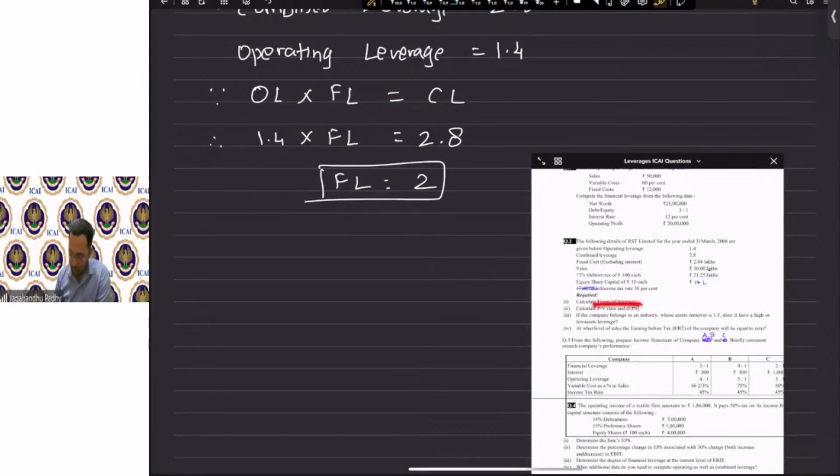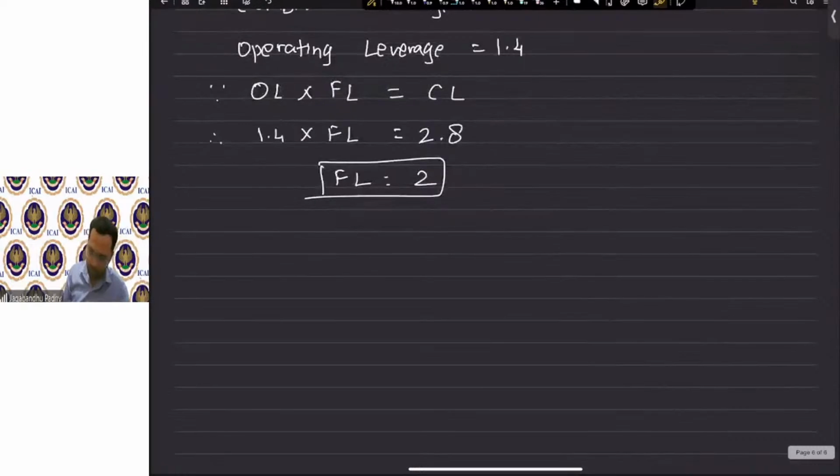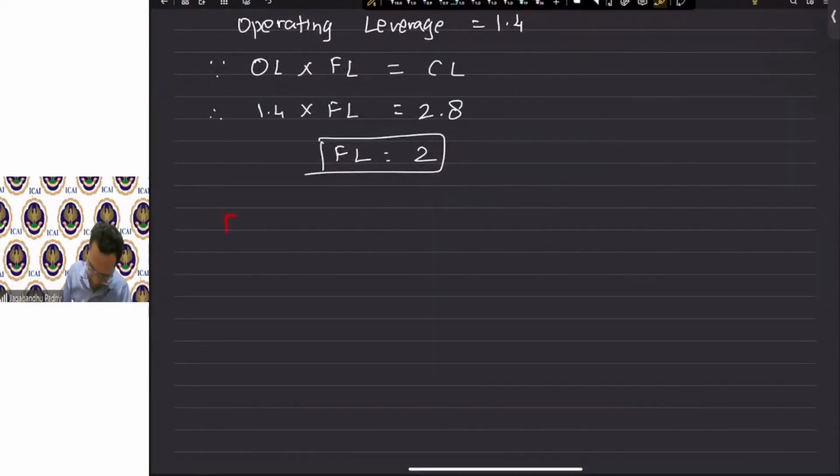We have to compute the financial leverage. Then, if we have this financial leverage, now we can use the financial leverage formula as EBIT upon profit before tax.